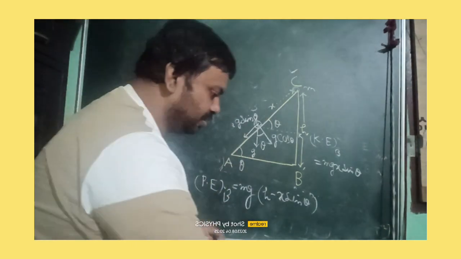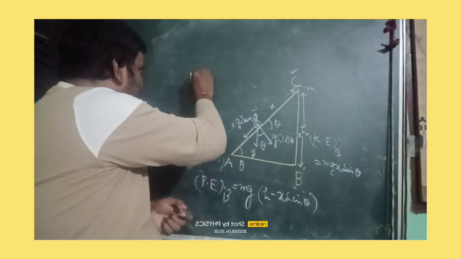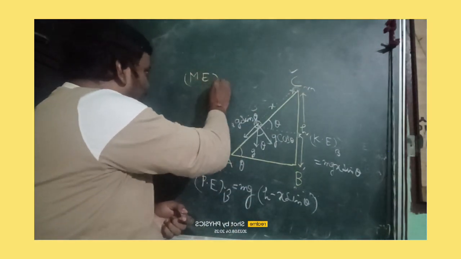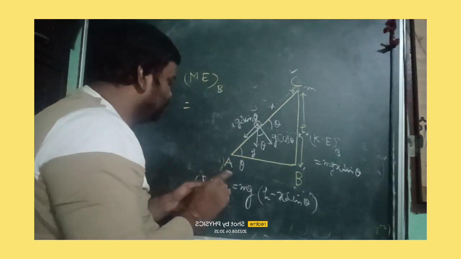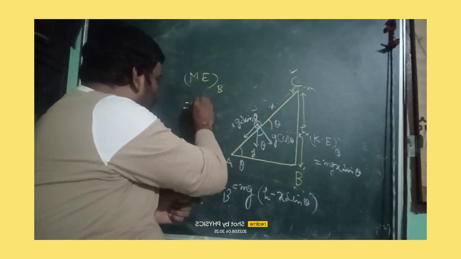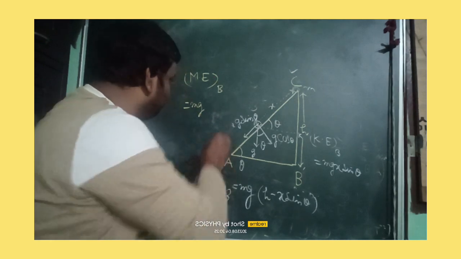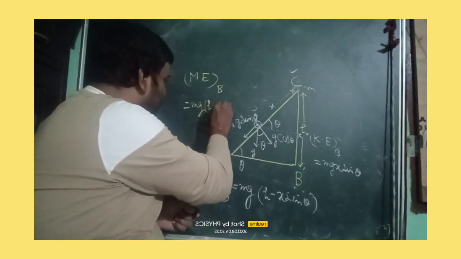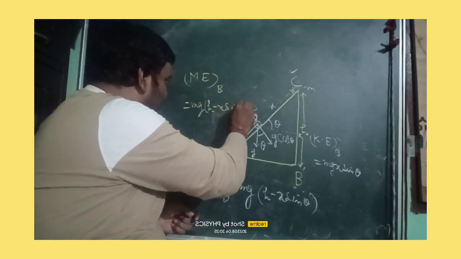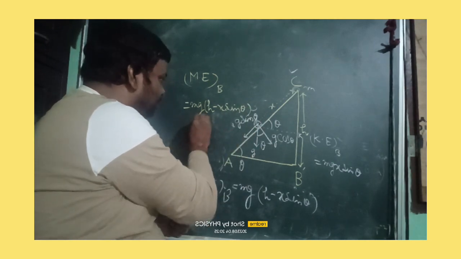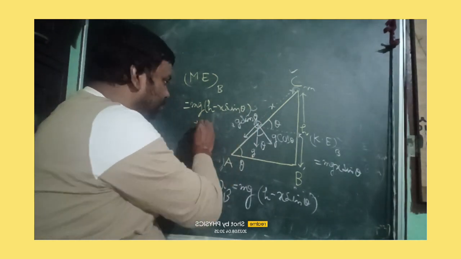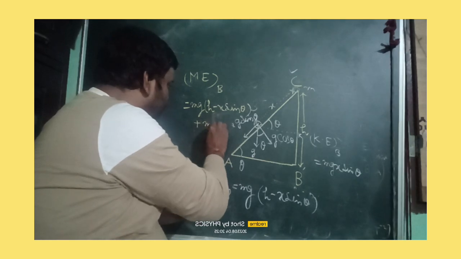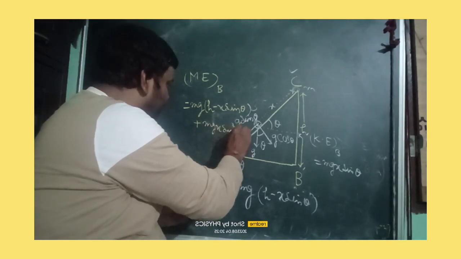Here the mechanical energy at the point B is equal to the potential energy at the point B, mg into (h minus x sin theta), plus kinetic energy at the point B, which is mgx sin theta.